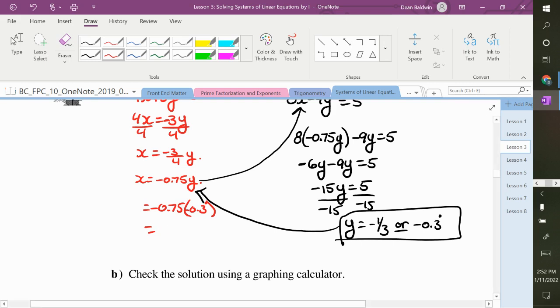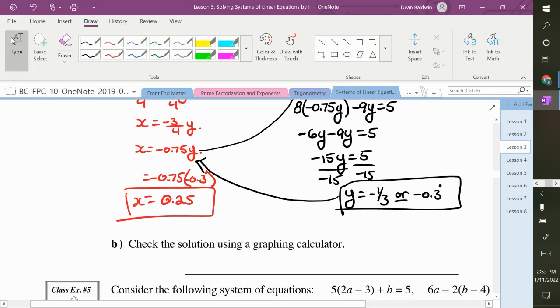Well, that's negative 0.25. So your answer is 0.25 and negative 0.3 repeating.